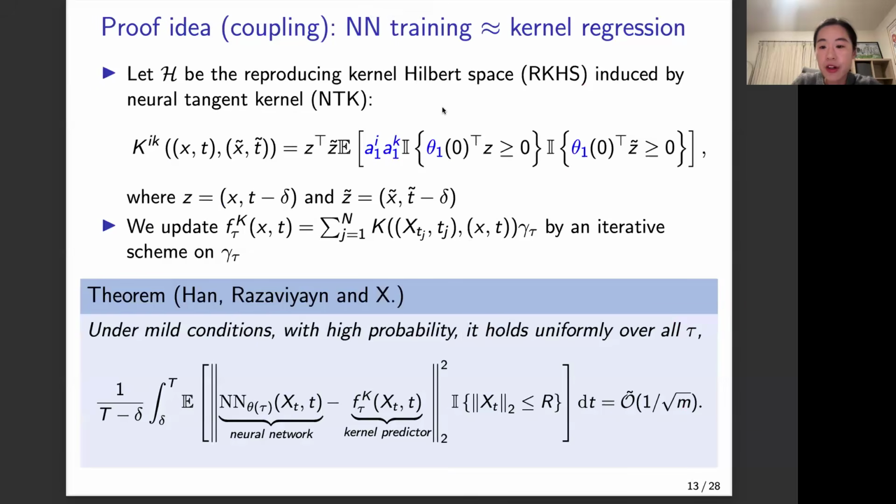Okay. A final comment I want to make here on the training of the neural network is the following. We work with the RKHS, the reproducing kernel Hilbert space induced by the neural tangent kernel, in the following format.